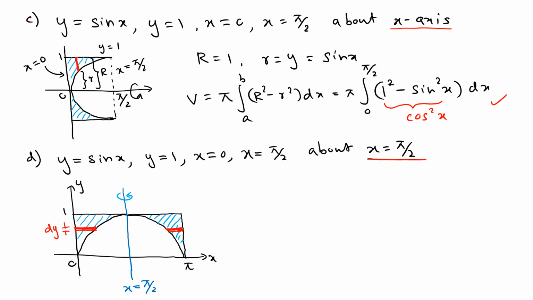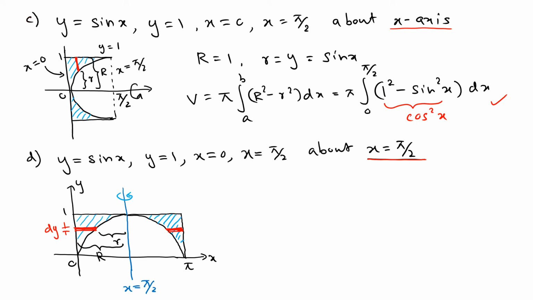Good. So now we need to know the radii. You always measure the radius from the axis of rotation. So this is the smaller radius, and this is the larger radius.